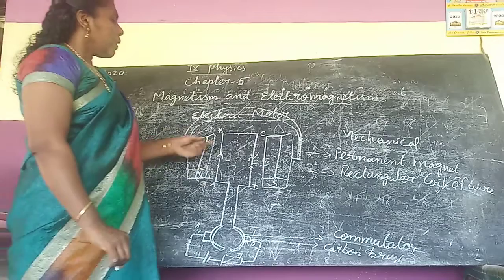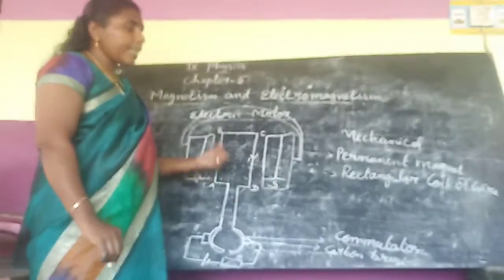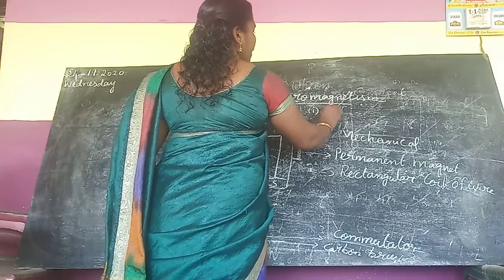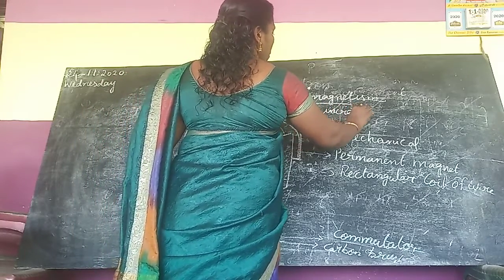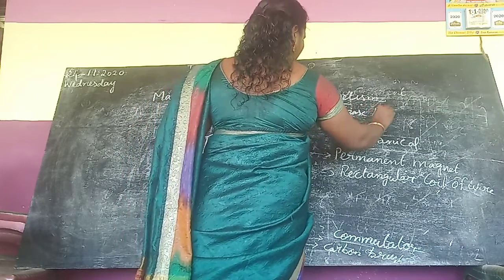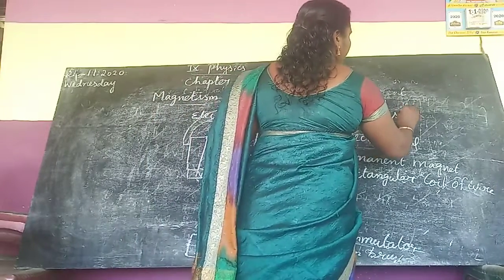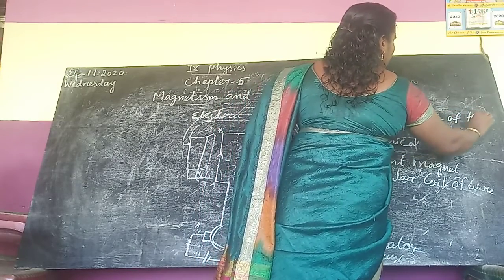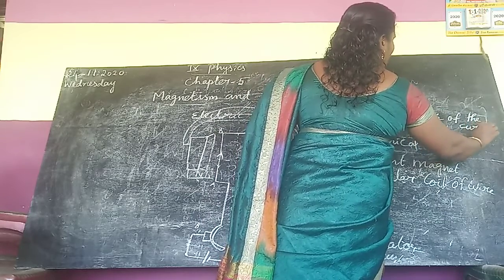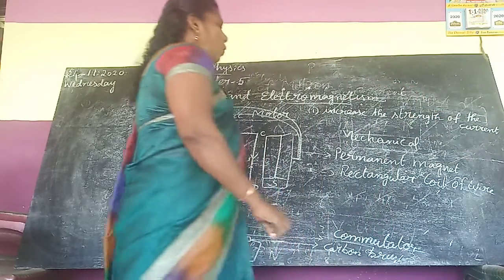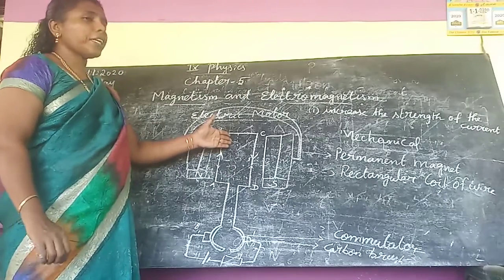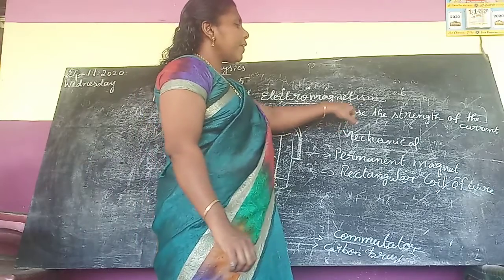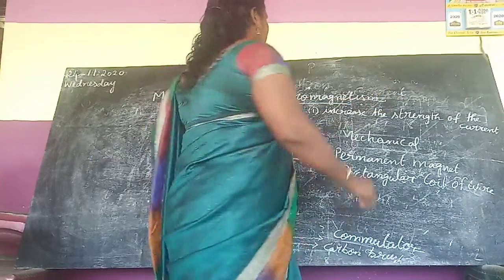Then how can the speed of the rectangular coil be changed? See, there are four points. First point, increase the strength of the current in the coil.